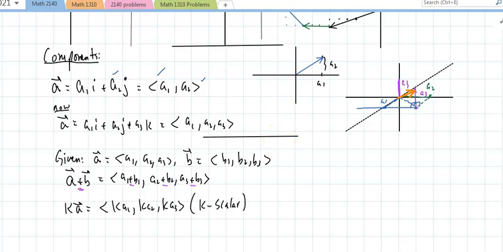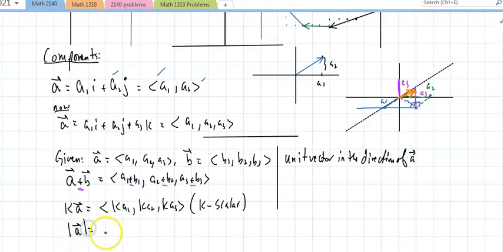If I want a unit vector in the direction of A, well, the length of A, which is the magnitude of A, is identical to the two dimensions, except now you have 3 components to square. A unit vector in the direction of A would be U for unit is vector A divided by its length.